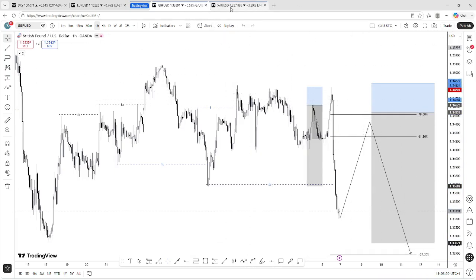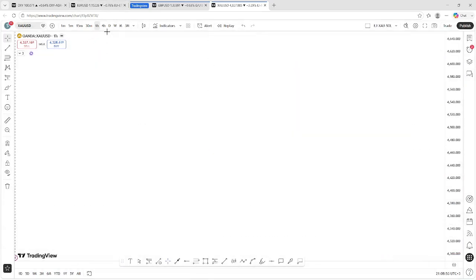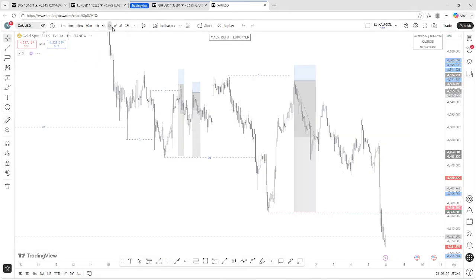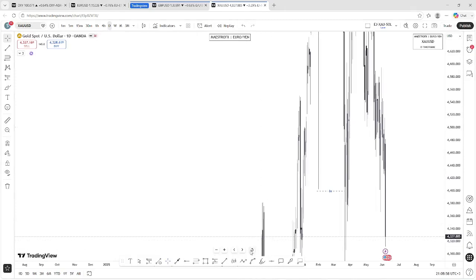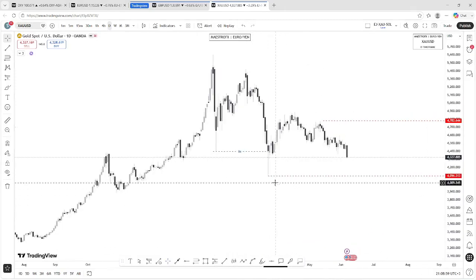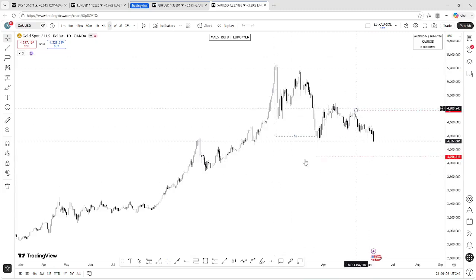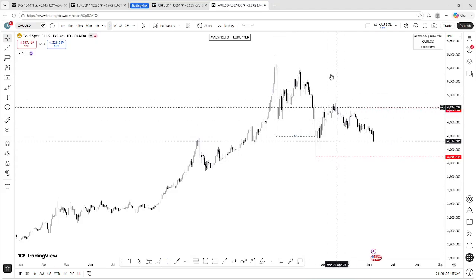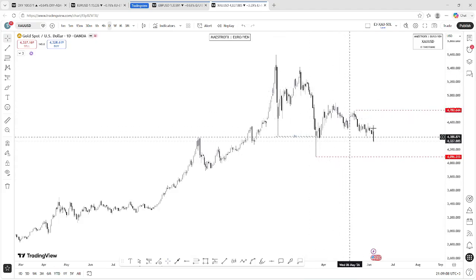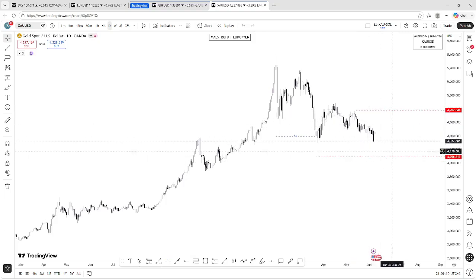Yes, moving forward, I think we can look at gold. Yes, as usual, starting from the daily time frame, last break of structure, we had the correction, and ever since price has been heading to the downside.